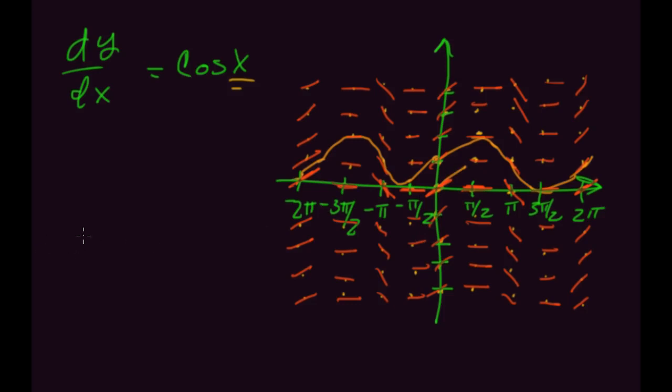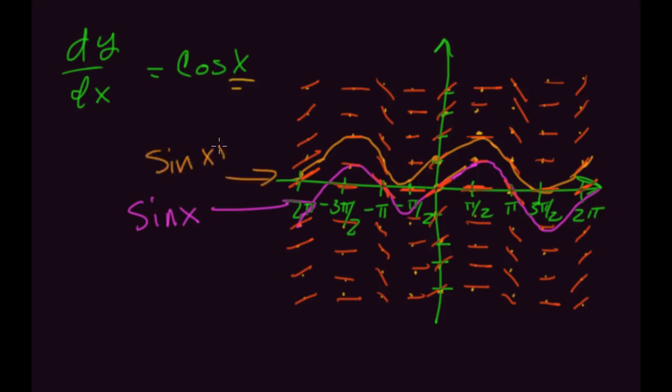It's a different color. Purple. There we go. Goes up, down, back up, and then down, up, back down. Aha, that curve is actually looking a lot like sine of x. And this one here, the orange one, looks a lot like sine of x plus 1.